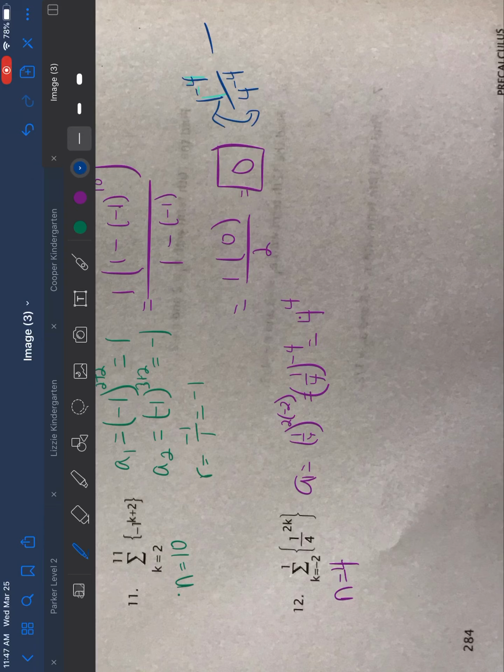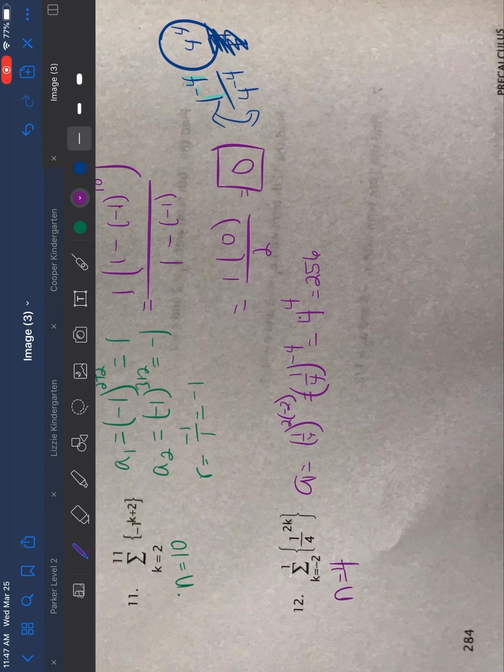So 1 to the negative 4th is 1 to the positive 4th on the bottom. 4 to the negative 4 on bottom is 4 to the positive 4 on top. 1 to the 4th is just 1, so we're just going to ignore that. That's where we get our 4 to the 4th power, which is 256.